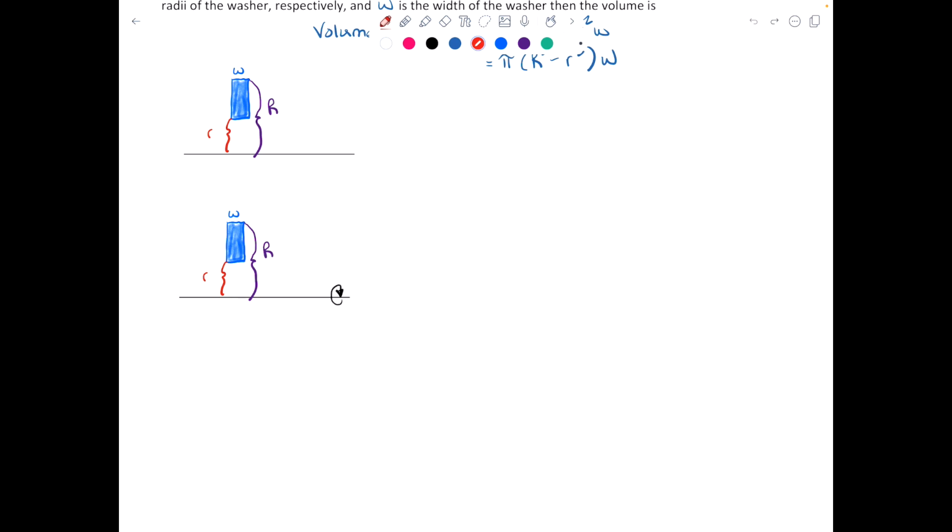Sorry, this is distracting. So you've got your smaller, kind of this hole that's made. Disc. Terrible drawing.